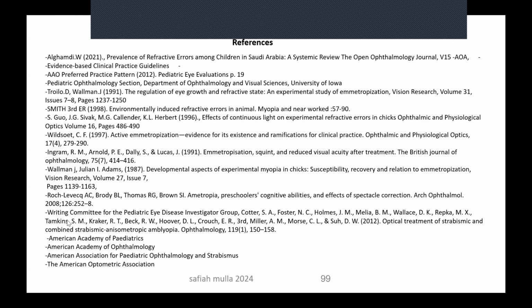It's always visual acuity. So you do your best, and then you check the visual acuity. You may think that's better for the child, but when you check the visual acuity, you find that it is not. So check the visual acuity while you're doing your best, giving less minus or more plus. If it's affected, then you reduce until you get the maximum visual acuity you can reach with the child. I know it's very difficult dealing with children for the best visual acuity, but you try your best.